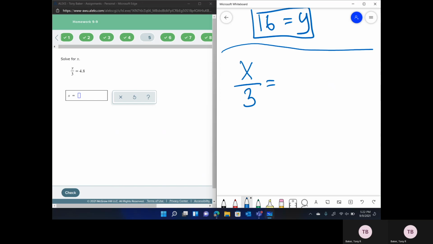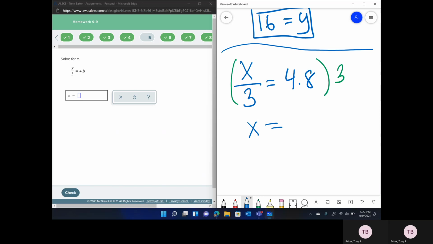So x divided by 3 equals 4.8. Now this one's got division in it, right? What's the inverse of division? We were just talking about it a second ago, right? Inverse of division is multiplication. So I'm going to multiply the whole problem by 3. So 3 divided by 3 is gone.